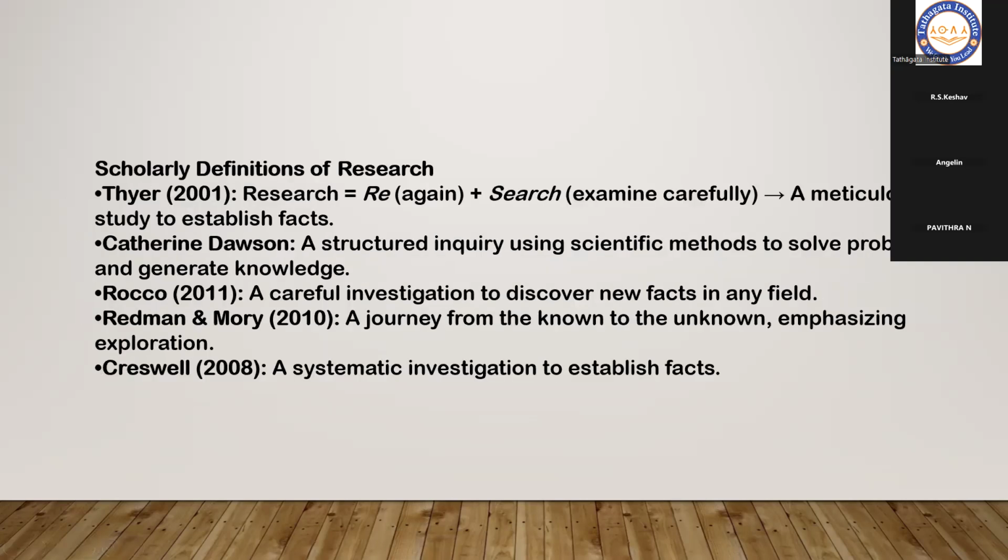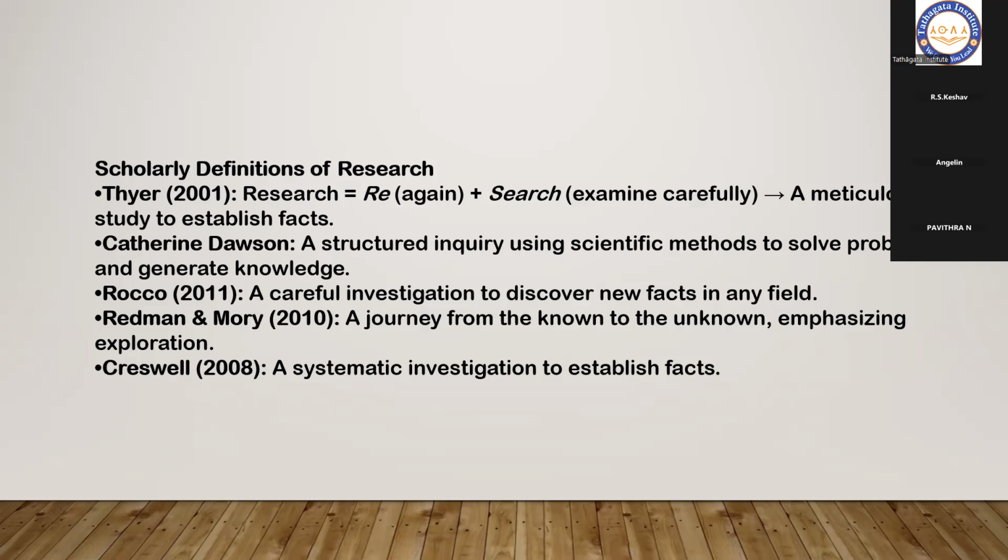Okay, there are a couple of scholarly definitions. The common definition is what we saw, with the three things that we remember. But some scholars have given their views or definitions of research. One scholar is Thayer, who gave this definition in the year 2001. Research is split into two words, re and search, meaning to examine carefully.